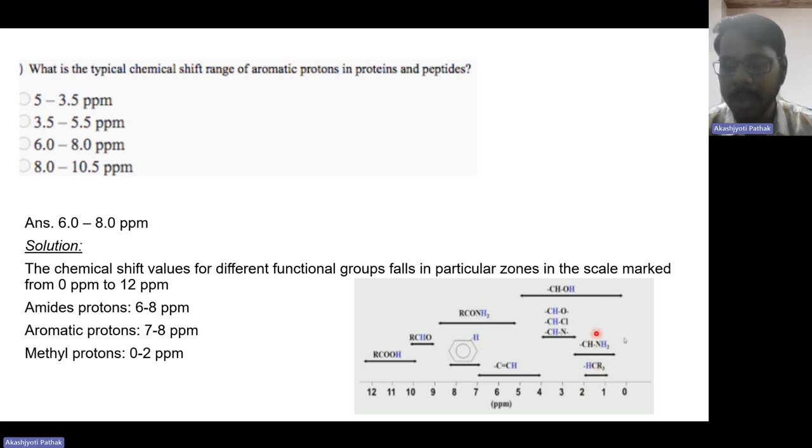If there is a CHNH2, the amine group, then the chemical shift is in this range. And then there are aromatic protons, which you will get in this 7 to 8 ppm range. Also remember that RCOH, the carboxyl protons, show the highest chemical shift.